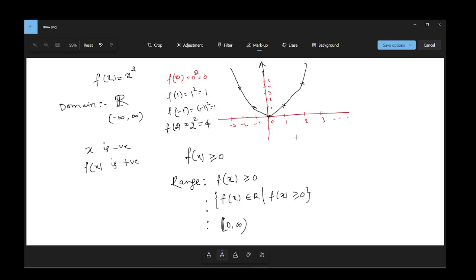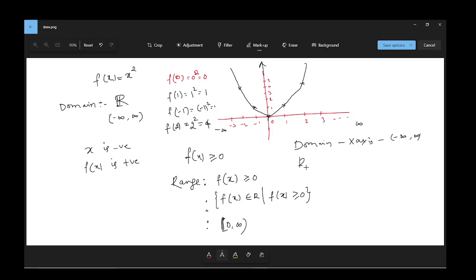One thing you have to remember: if you want to check the domain, you check on the x-axis. Here you can see minus infinity to plus infinity, you can take any value and it will produce finite values of f of x. So the domain is minus infinity to plus infinity.